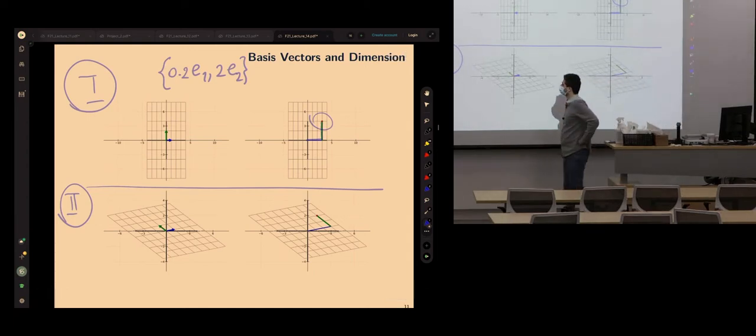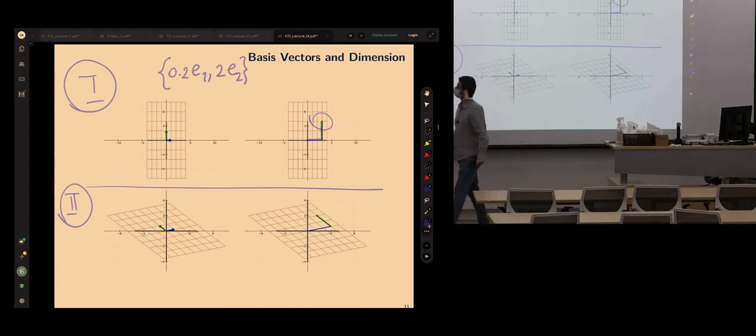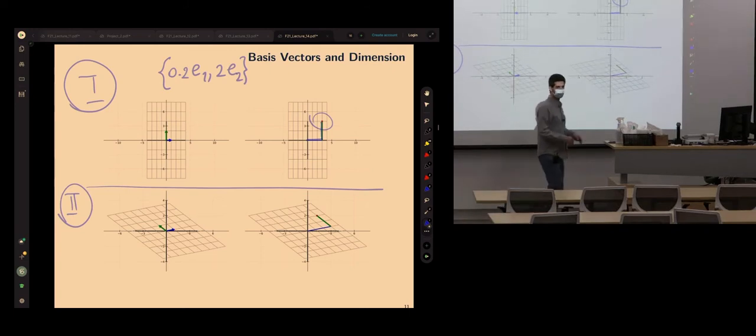Now you might think, why don't we call this a standard? By any stretch of imagination, this is not a standard because we are not moving the same amount along different directions.